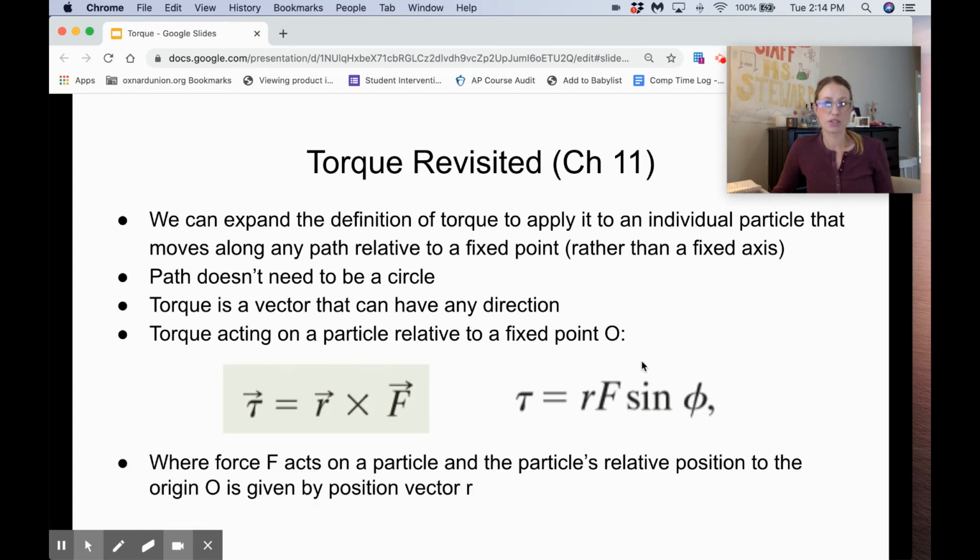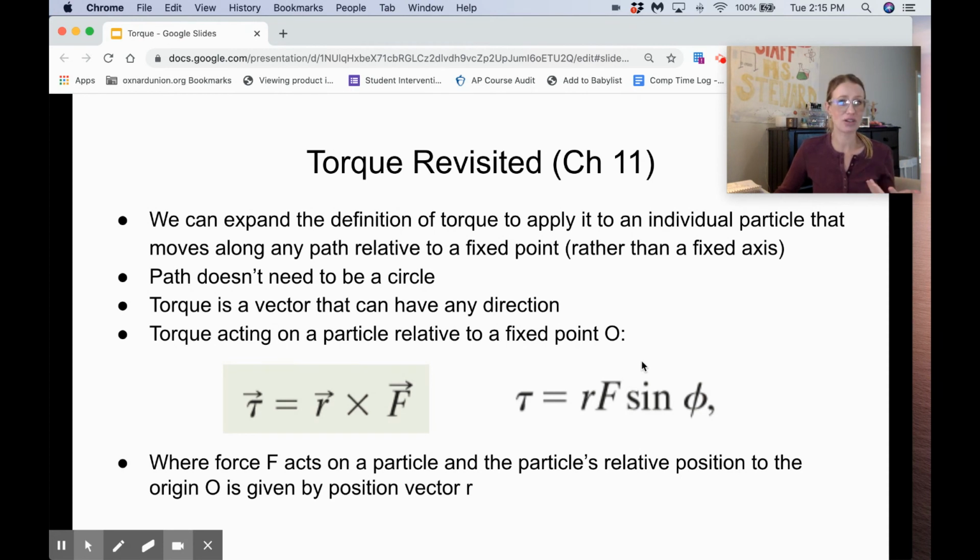These equations hold where F acts on a particle and the particle's relative position to the origin O is given by position vector r. I'll have an example of this in a separate video. Again, it's kind of a weird concept that we're not actually rotating, so it's not like a rotational axis.